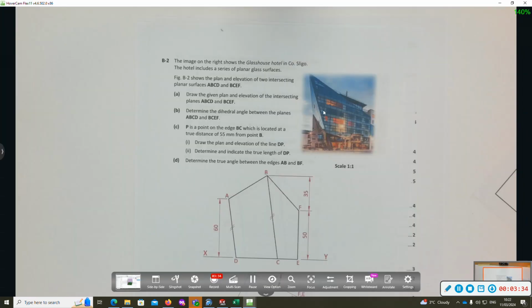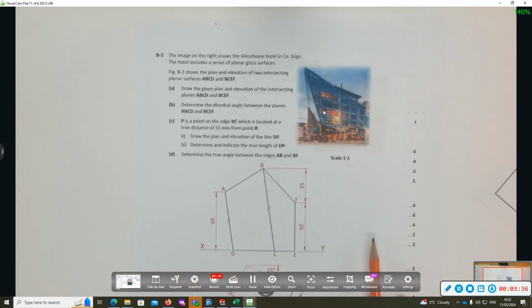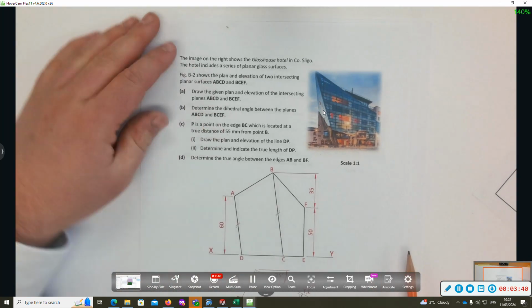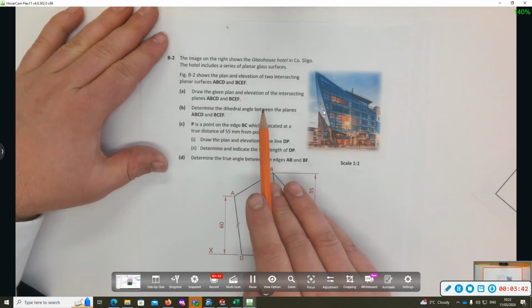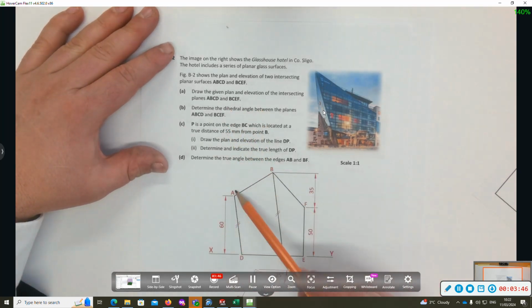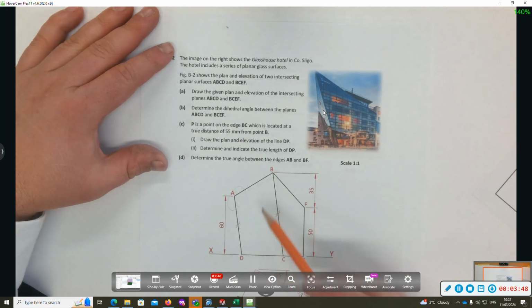Now, I'm going to start by beginning to draw this. It's a bit different to our normal drawing of these dihedral angle questions.